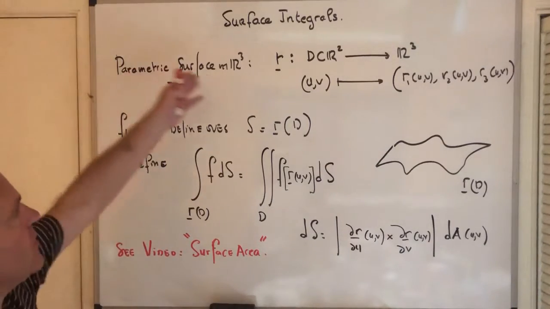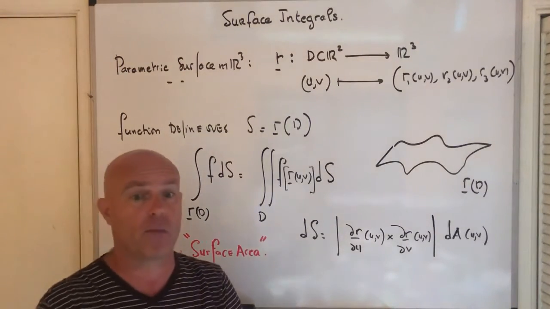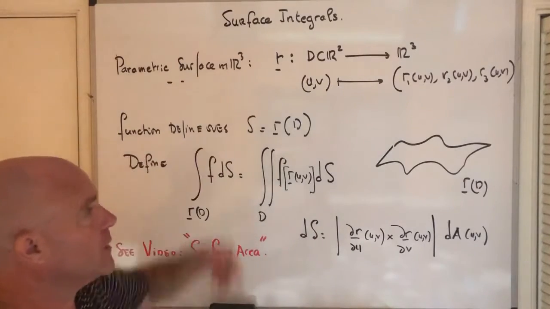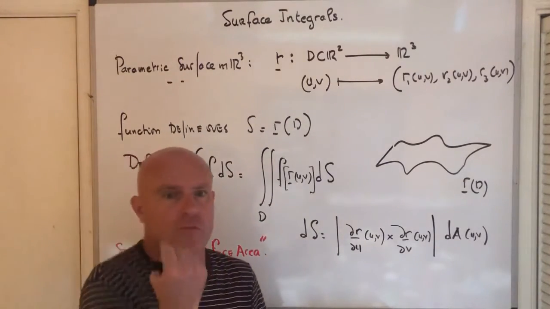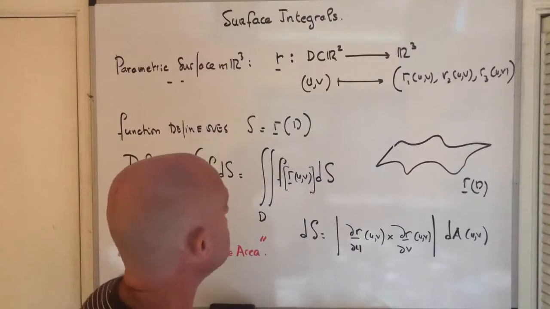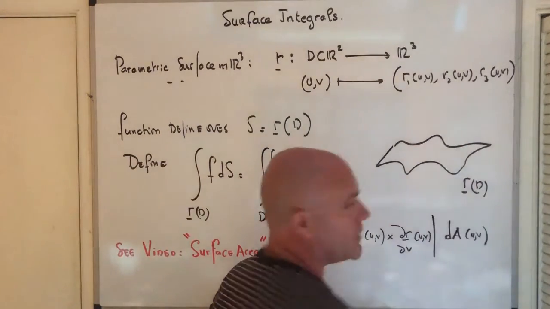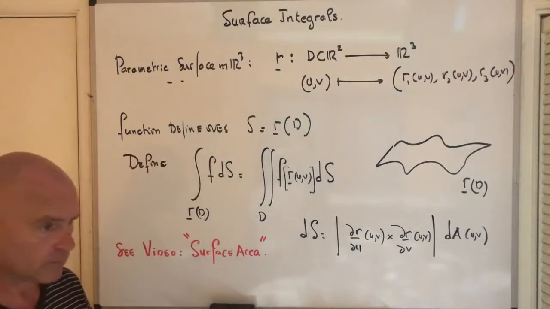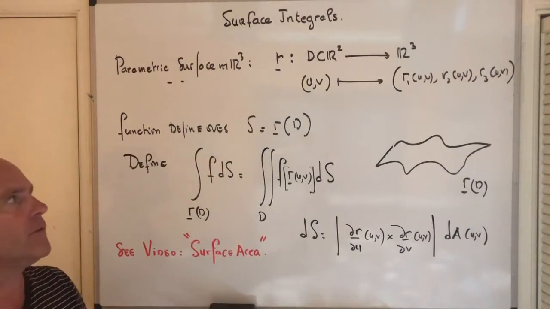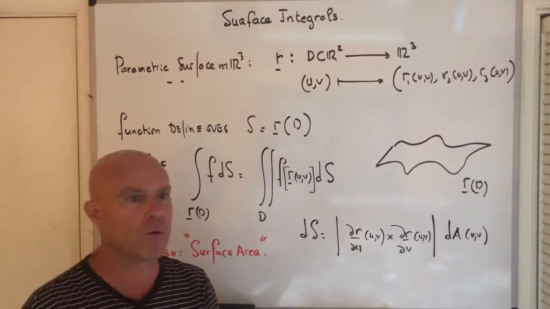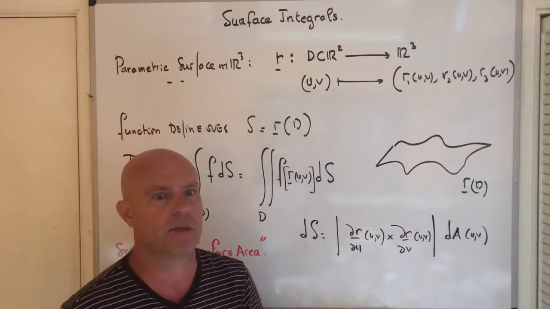Let's take a surface which is defined parametrically in R3, so parameterized by two variables u, v, and at a coordinate u, v you assign a three-dimensional point in R3. So if you let u and v belong to a domain, what you obtain is typically a surface.